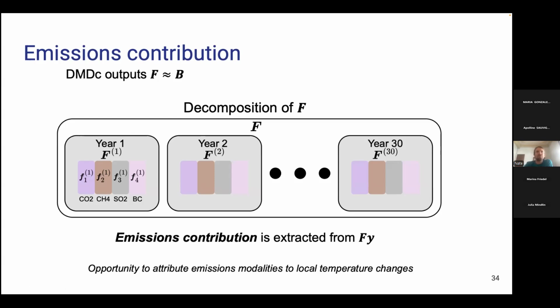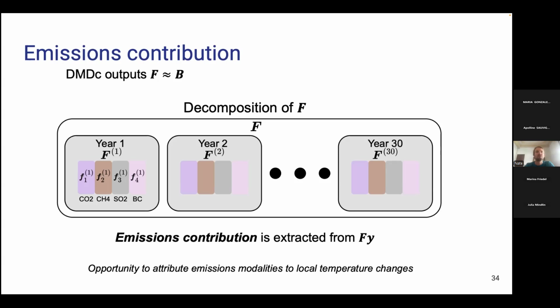So if you look at the product of the corresponding entries of Y and these entries in F, you will get the actual contribution of that emissions agent that many years in the past to the future year.